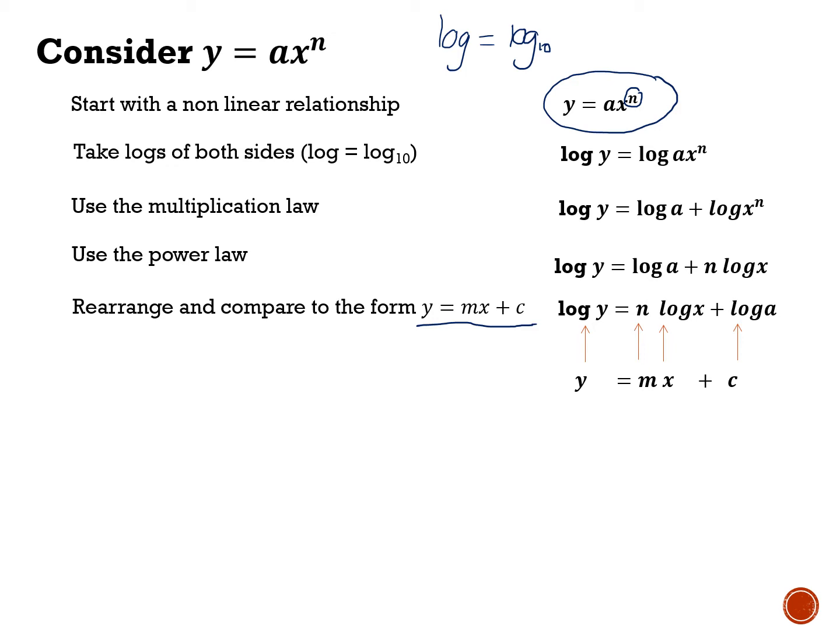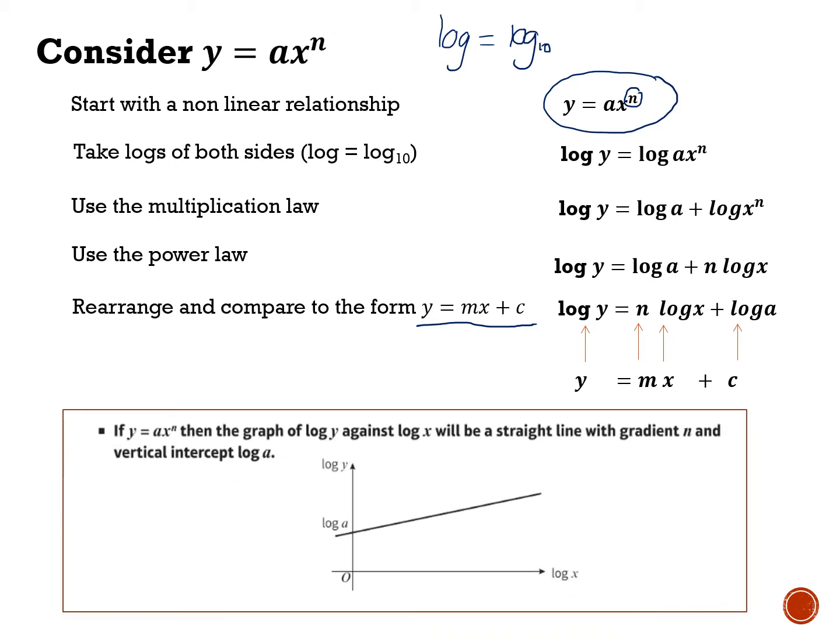So if we can take our data and draw a graph of log y against log x, now just something to say, if they say log y against log x, the first bit is always what you put on the y-axis, so y against x. If we plot that for a function of this form, then you will get an approximately straight line.